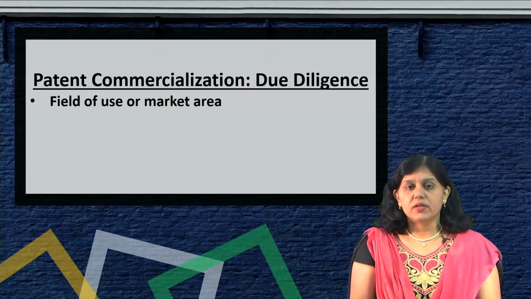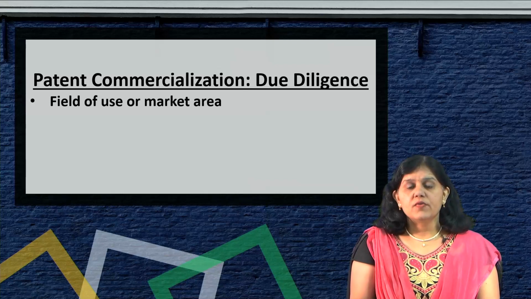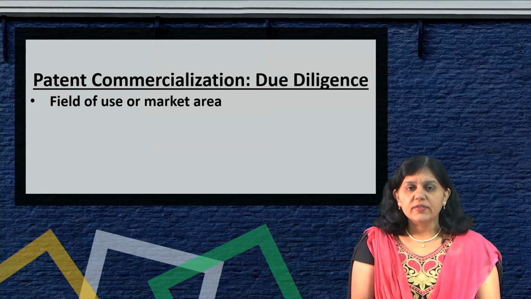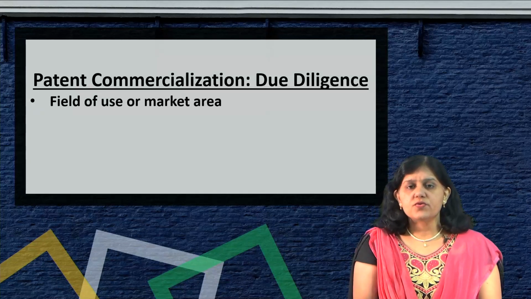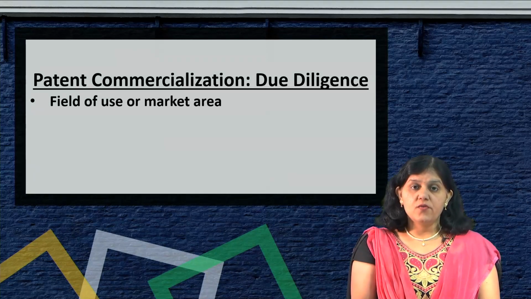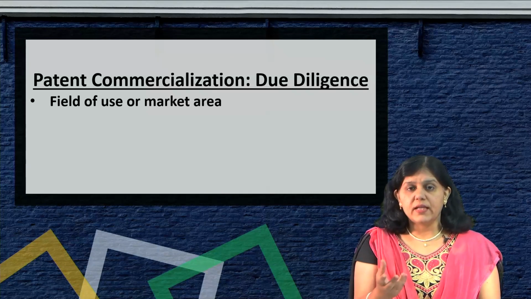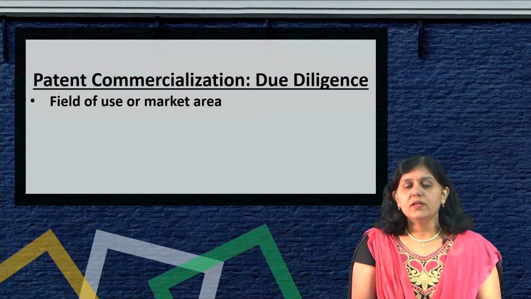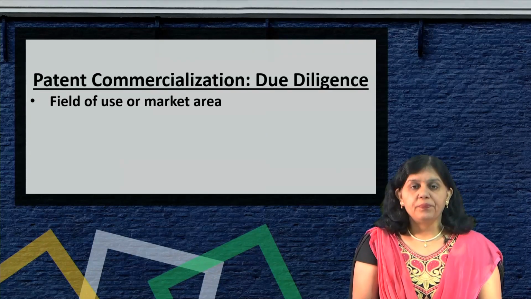That is the first thing. For example, if it is a heater and that kind of product, it will of course be useful in areas where cold conditions are always there. I have just given an example, but you can think about where your market is. That is the first thing.